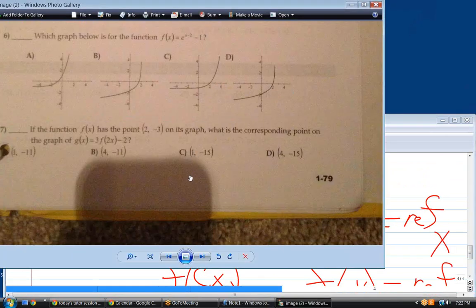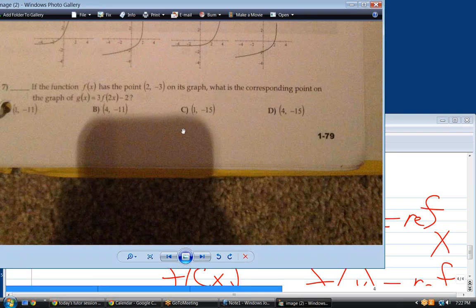Let's look at 7. So they're taking this function, f of x.